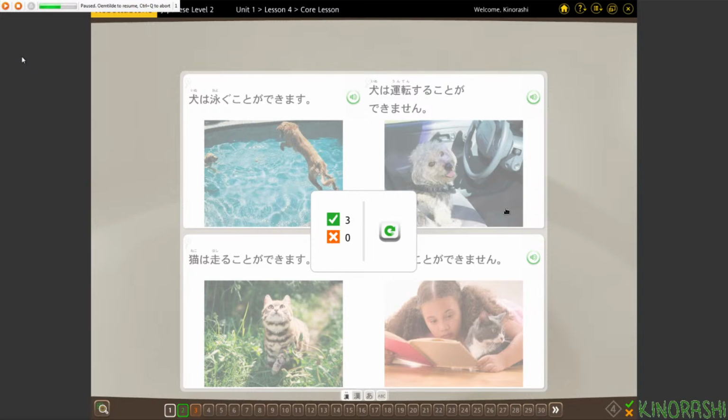Okay, so Nihongo wo hanasu koto ga dekimasu is like the basic structure, but in certain situations of noun and verb combinations, you can shorten that to Nihongo ga dekimasu.